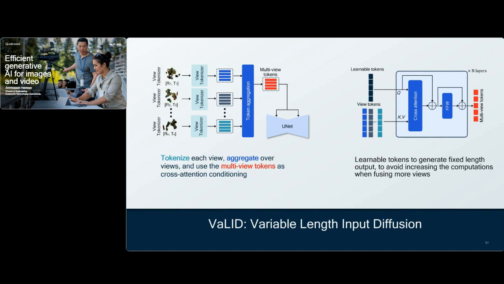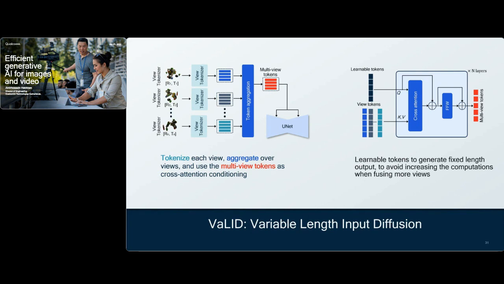This Q-Former architecture relies on some learnable tokens as queries. These are variables to be learned, and these learnable queries learn to attend to all the available views, which are fed as keys and values. The nice thing about the Q-Former is that with the same set of weights, so you only train it once, it can handle any number of inputs.